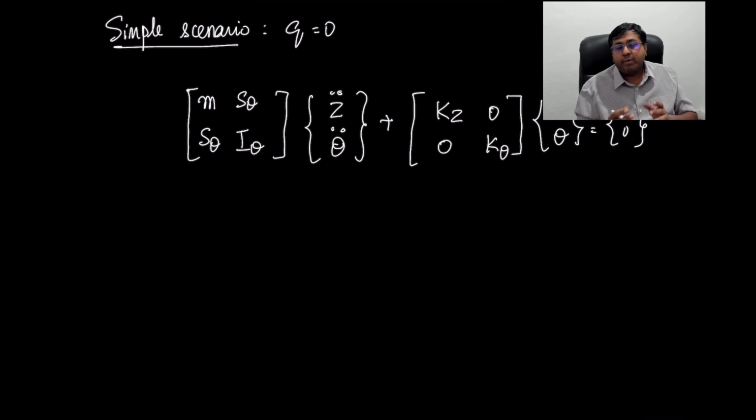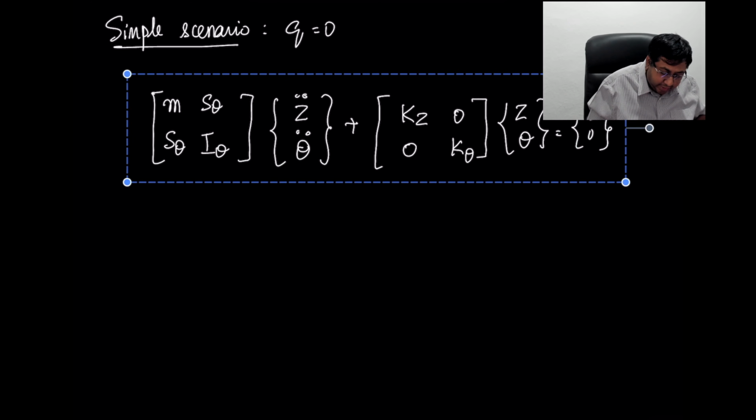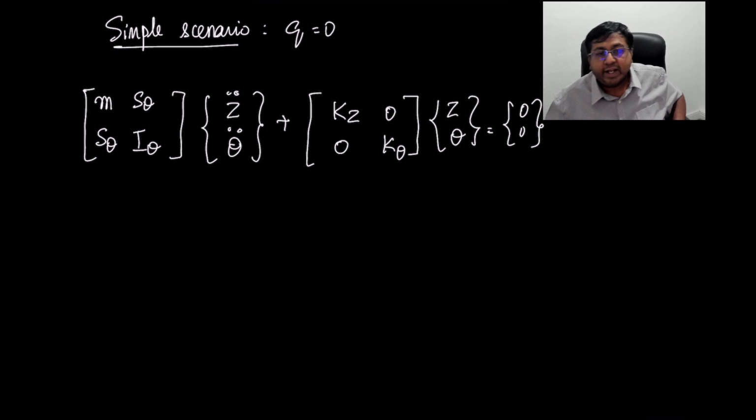You might ask me what is the value of writing it this way. We will try to see what is the value of writing this. What is it that we can gain from writing it in this particular form?